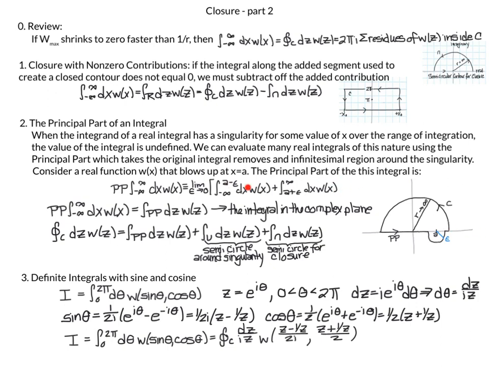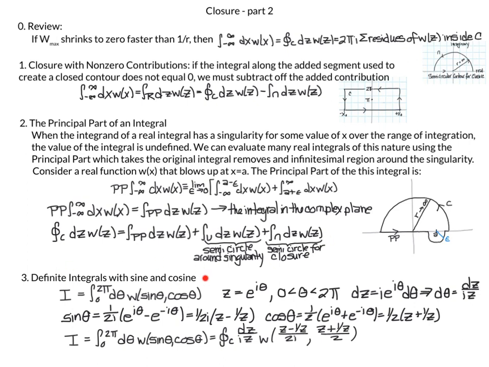Then from here, we take that integral into the complex plane so that we can add another curve and make this a closed curve integral, and then use the residue theorem. Our closed curve integral then equals the principal part plus the singularity around the circle plus the semicircle that gave us our closure, so then we can use our residue theorem.